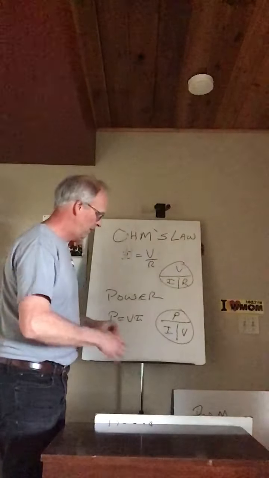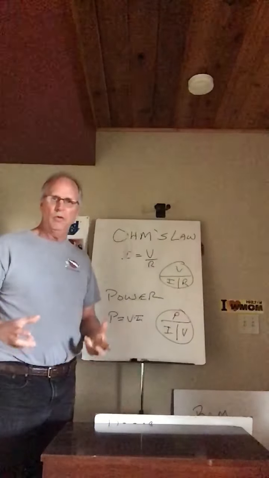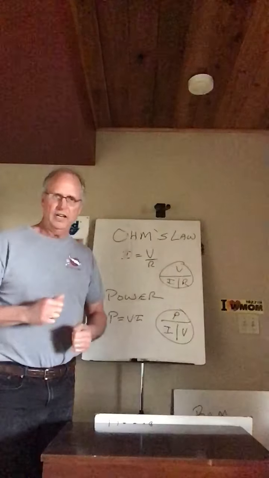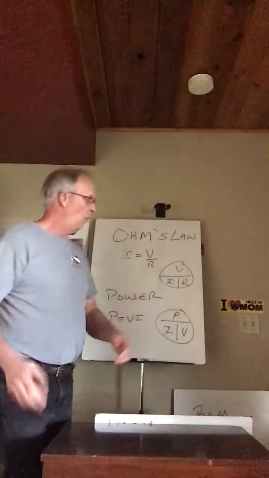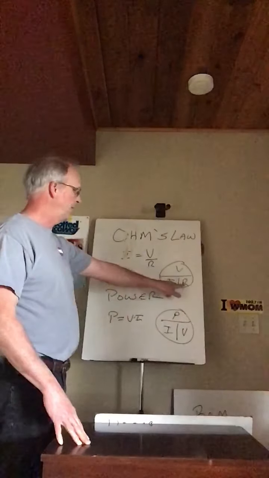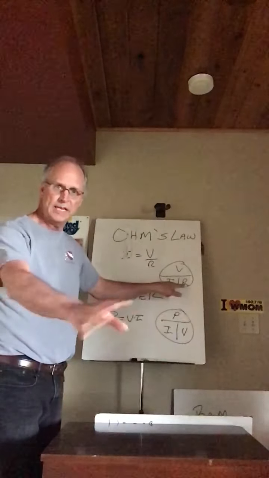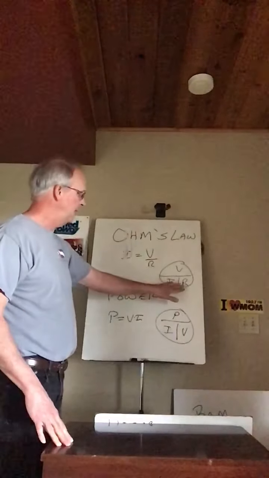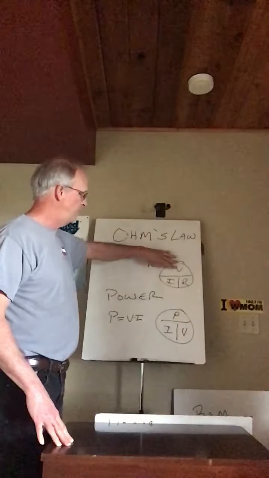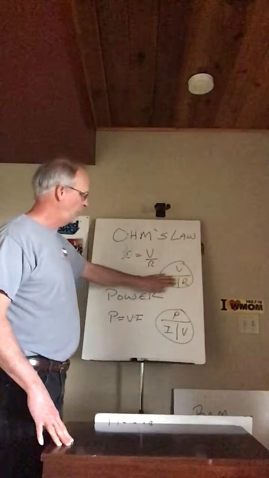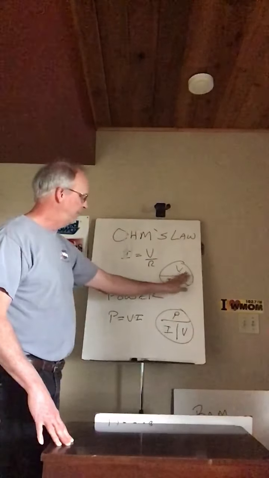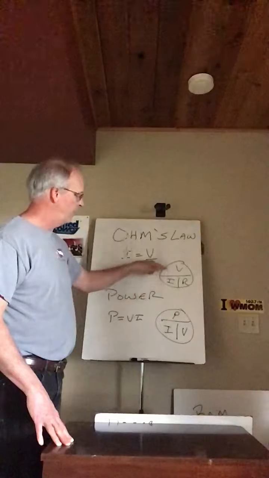So those are the two formulas that you're going to need to know how to use. And they basically tell you what you want. So if I want to know how much resistance there was through a particular, like a light bulb, let's say, I could say, well, I knew my voltage was 120, and so I could find my current or my resistance by knowing how fast it went through and how much work I could do.